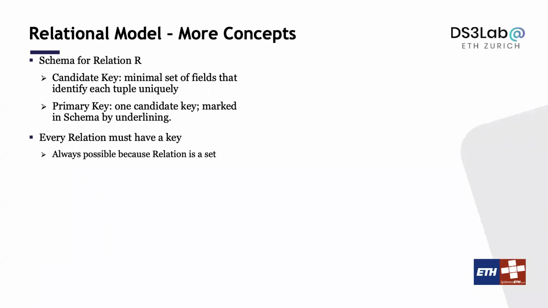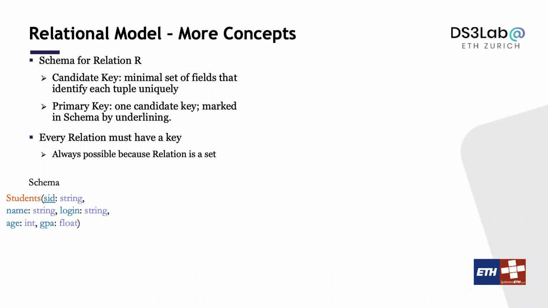And whenever you are defining the schema of a relation, you need to define your primary key, which is one of the candidate keys that you pick. So let's look at this example, right? Our student table. Again, the name of the relation is students, with 5 attributes, and each attribute has its own domain. Here you see there's an underline on the SID attribute, which means that we pick SID as my primary key.